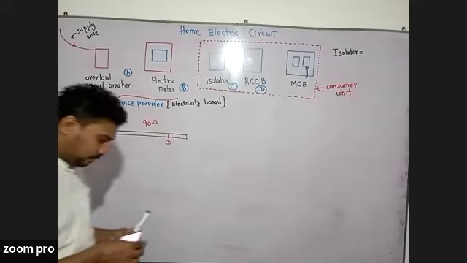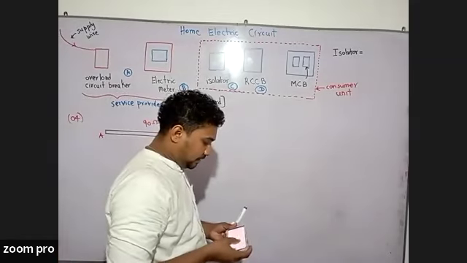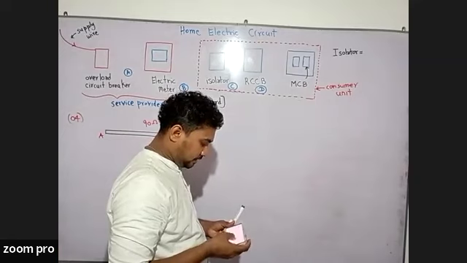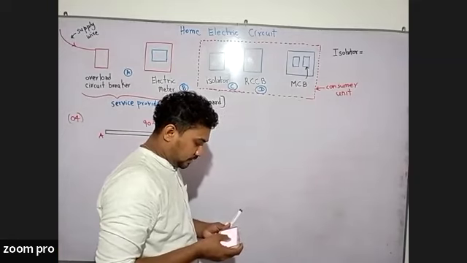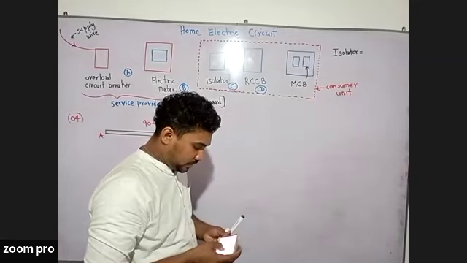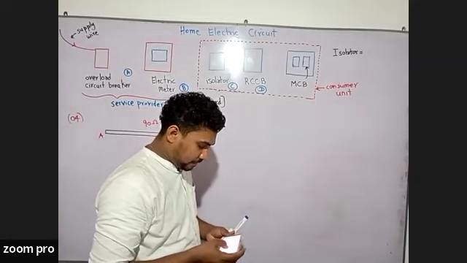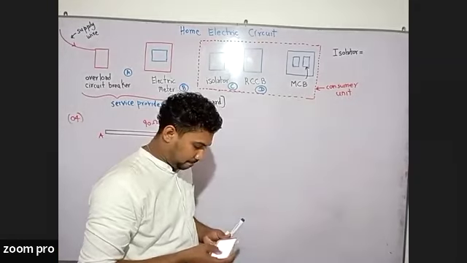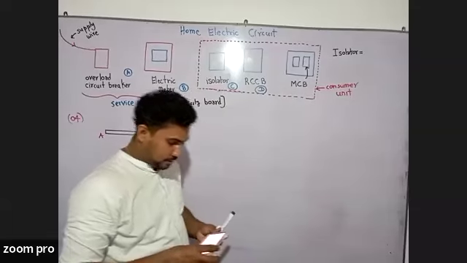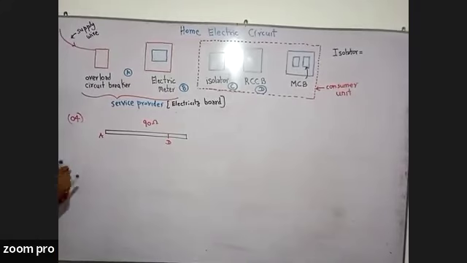Right. First question. The terminal E touches the points B, C, and D from A. How does the brightness of the bulb change? So just concentrate on this one.